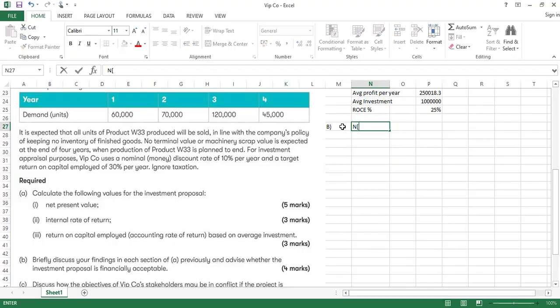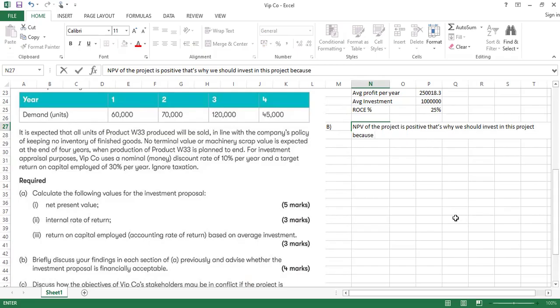NPV of the project is positive. That's why we should invest in this project because it will maximize shareholders' wealth.